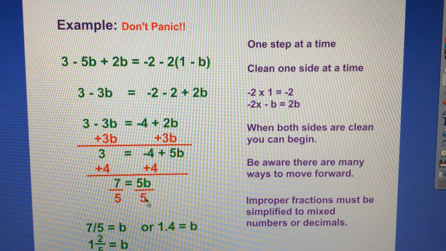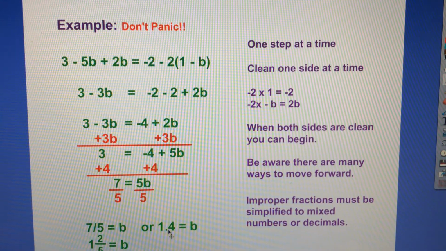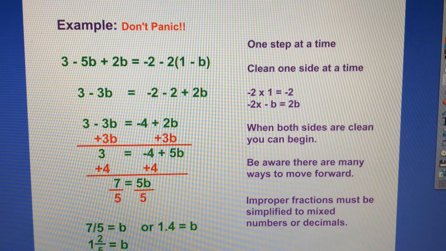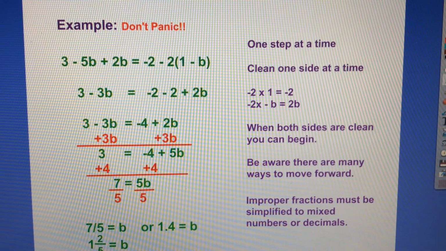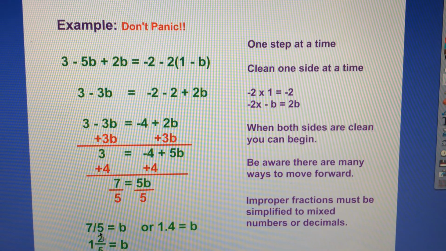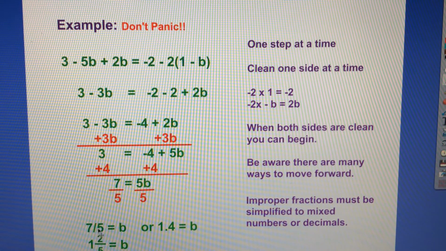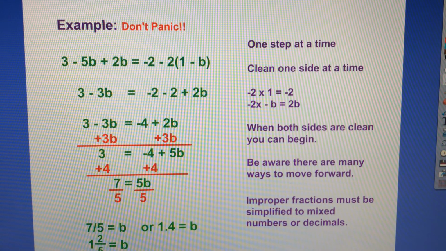Divide all terms by 5 because that's the inverse operation. 7/5 equals b, or 1.4 because that's the decimal version of 7/5, or 1 2/5. Obviously, 1 2/5 is cleaner and more precise than 7/5 because that's an improper fraction. So you would want to go with 1 2/5 equals b, or 1.4.